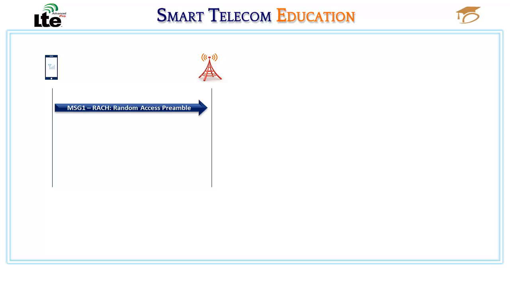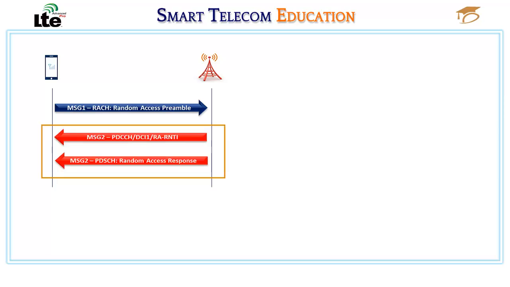If the preamble is correctly received, the eNodeB acknowledges it by sending a random access response message, message 2. The message sent over the physical downlink control channel PDCCH is actually a pointer via RA-RNTI to the actual resource in the physical downlink shared channel PDSCH, where the random access response can be received.